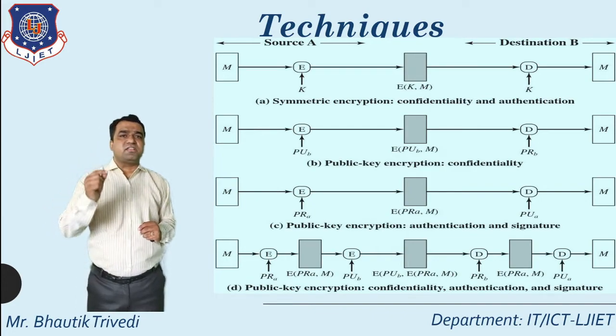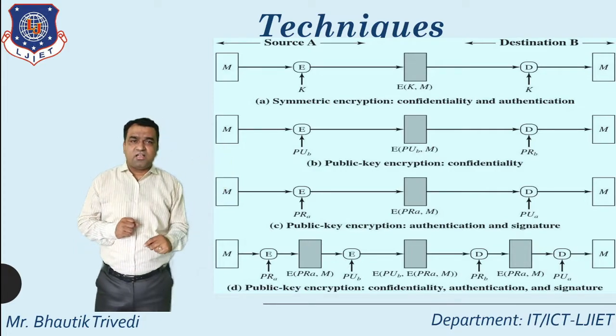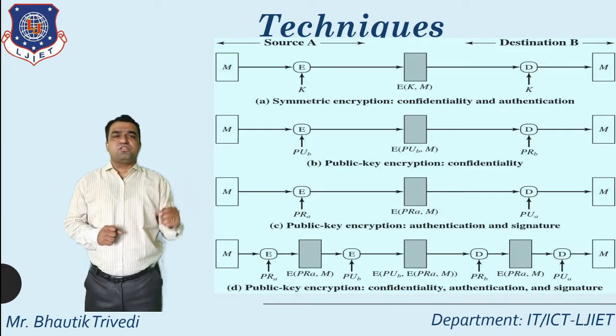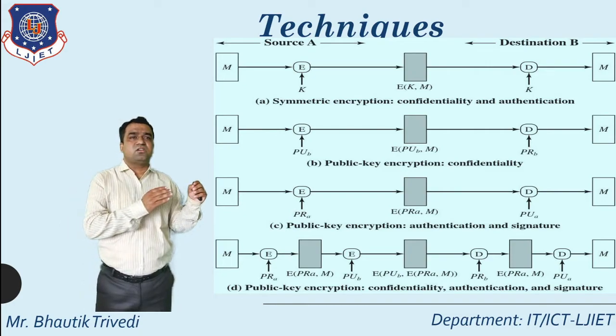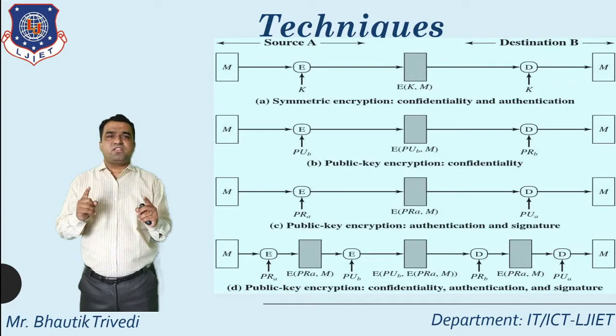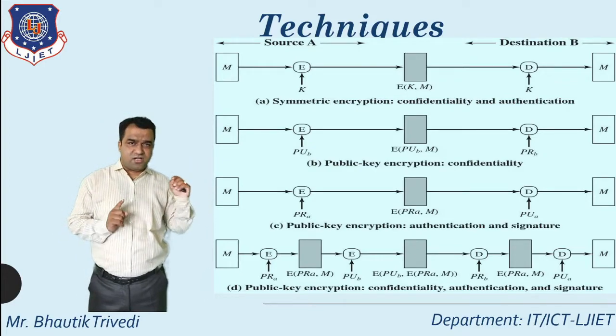Public key of the receiver. After that whatever I generate, that is known as ciphertext. Then decryption, but in decryption using the private key of the receiver, and whatever I receive, that is known as the concept of confidentiality. So must remember one thing, in confidentiality always use the private key of the receiver.